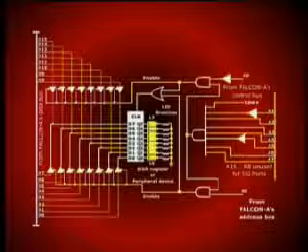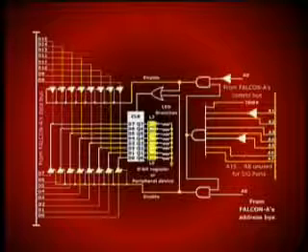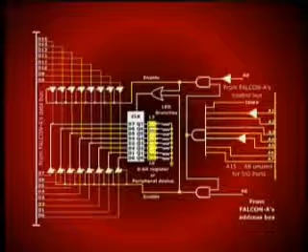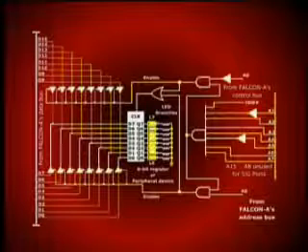This would cause the lower significant byte with bits 0 up to 7 of the CPU to be connected with the peripheral device.